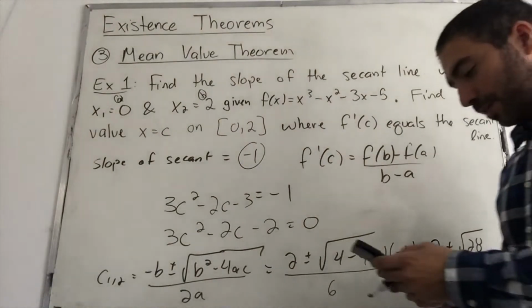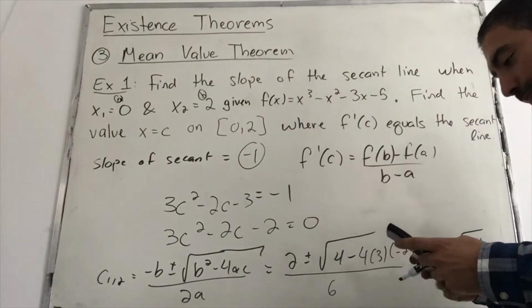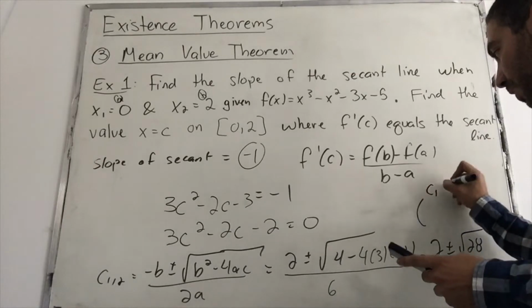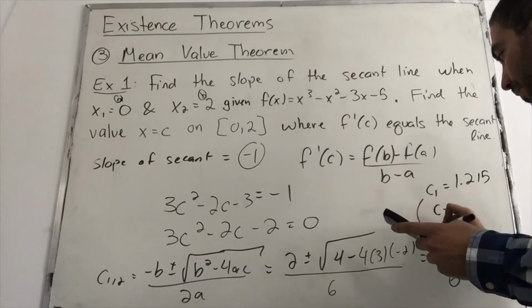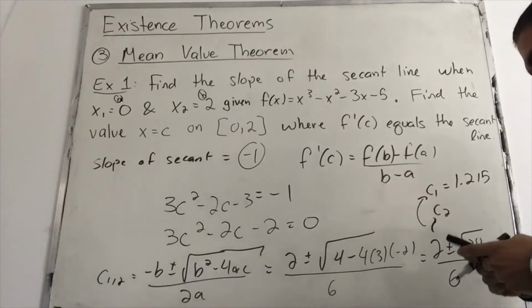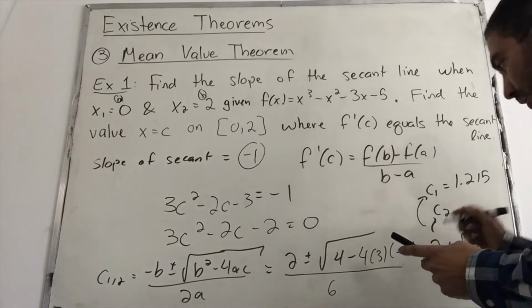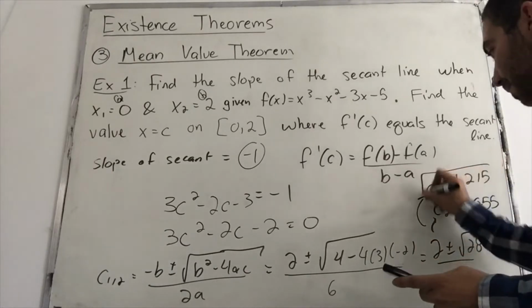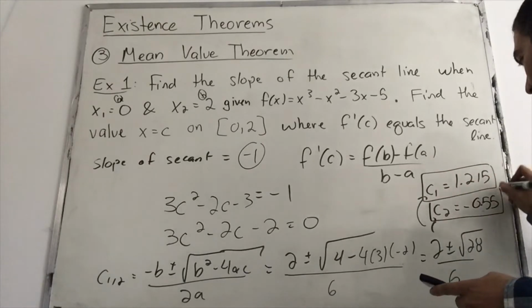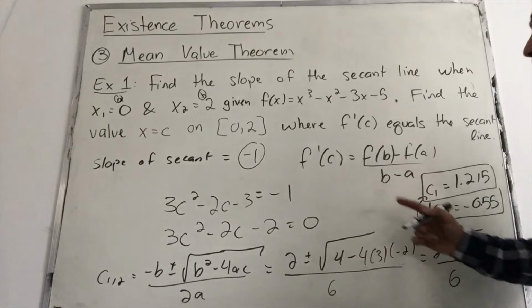Plugging this into a calculator, we get c1 equals 2 plus the square root of 28, divided by 6, about 1.215, and c2 equals 2 minus the square root of 28, divided by 6, about negative 0.55. Using the quadratic formula, we get these two answers, and we're not done.